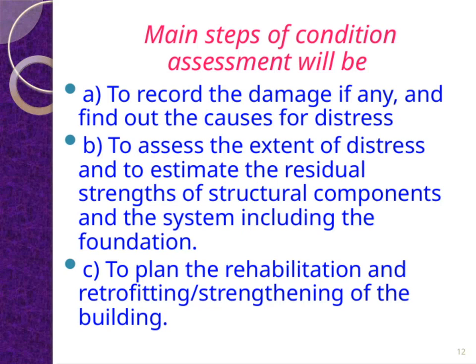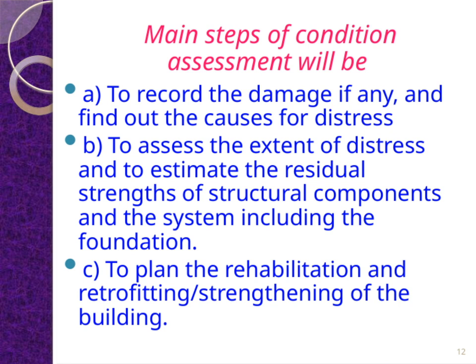Now, let's look at the main steps involved in the condition assessment. First, it's crucial to record any damage that may be present, whether visible or hidden, and to identify the causes behind any distress. This helps us understand what has happened and why. Next, we need to assess the extent of the distress, which involves evaluating how severe the damage is and estimating the residual strengths of various structural components, including the foundation and the entire system.